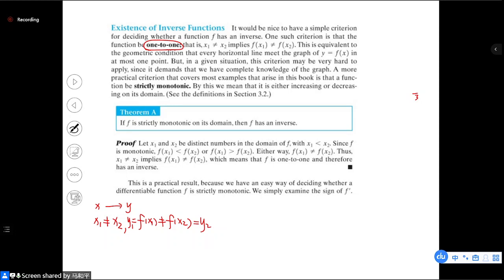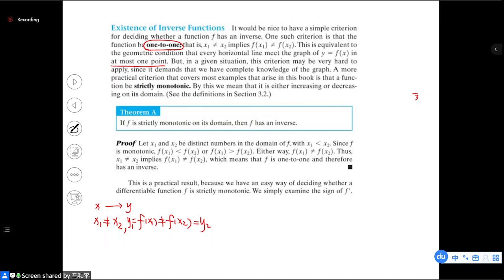This is equivalent to the geometric condition that every horizontal line meets the graph of y = f(x) in at most 1 point. But in a given situation, this criterion may be very hard to apply, since it demands that we have complete knowledge of the graph.